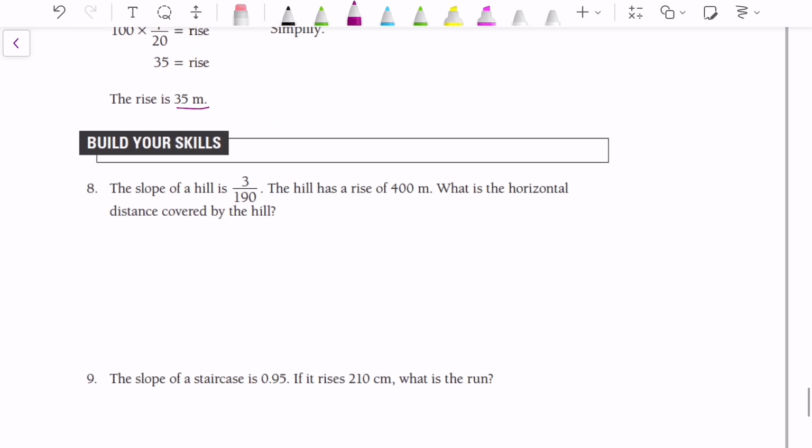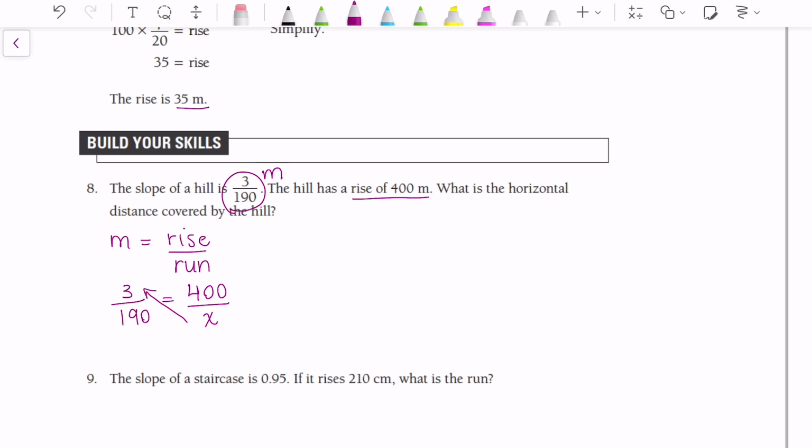All right, let's test that out. Okay, so remember, always starting with what we know as the formula, rise over run. Except in this situation, we have an m value, and we have a rise of 400 and an x value for run. Okay, so let's plug in these values. 3 over 190 is your slope. Your rise is 400, and your run is going to be an x.